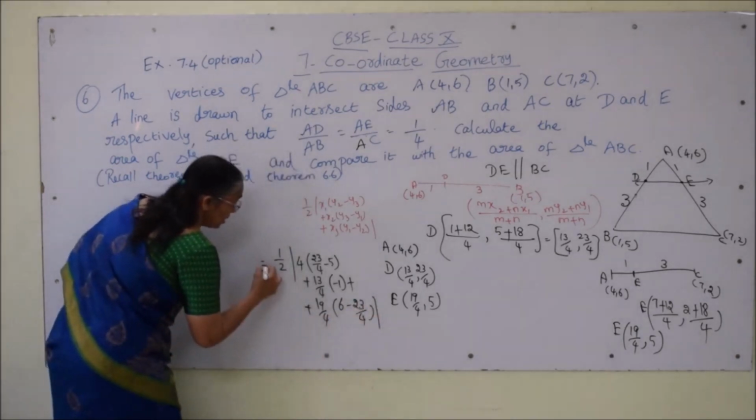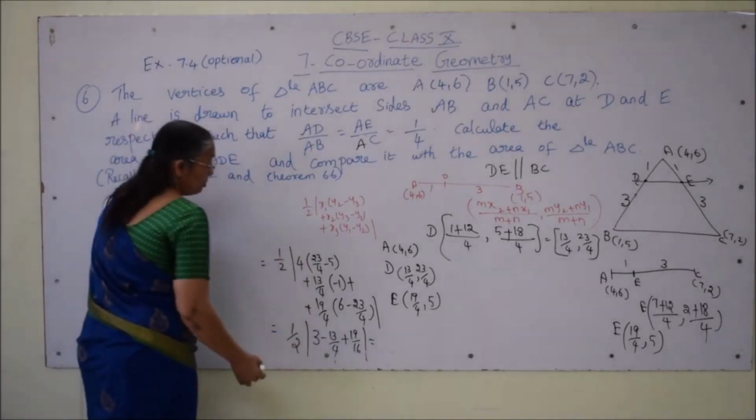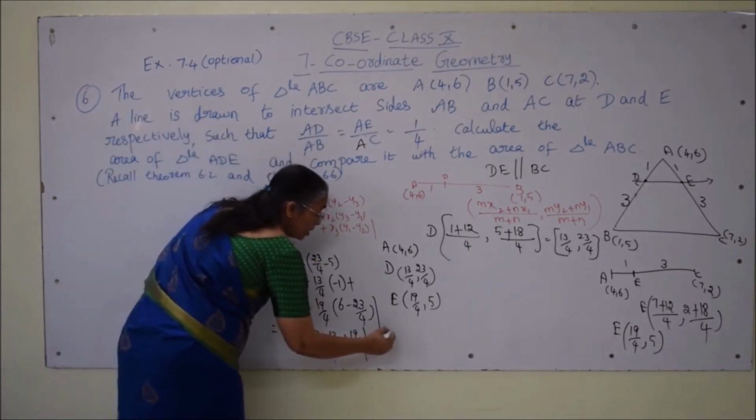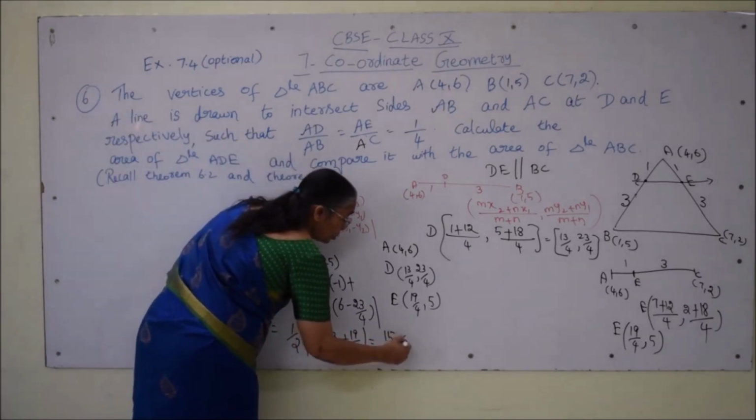So on simplification we will get area of triangle ADE as 15 by 32 square units.